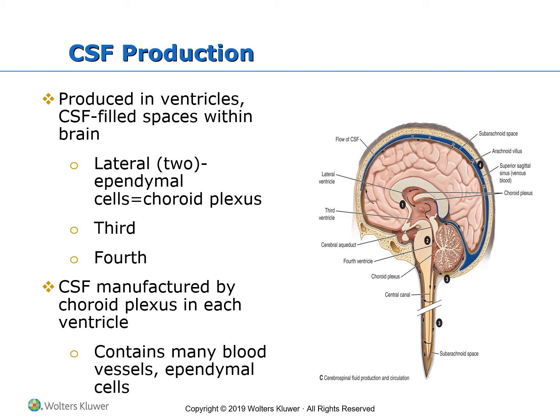Some of the CSF will filter out of the arachnoid villi into the blood at the level of the dural sinuses. And if you do follow the arrows back, you can see how at this level they will be filtered into the venous system.